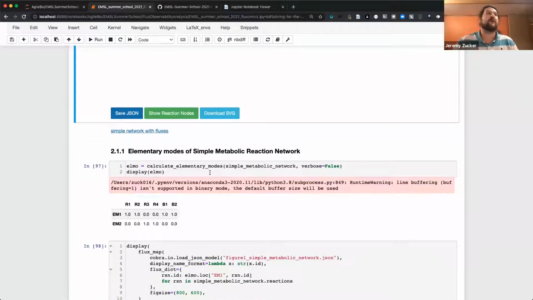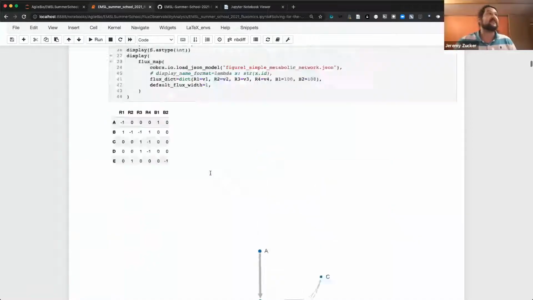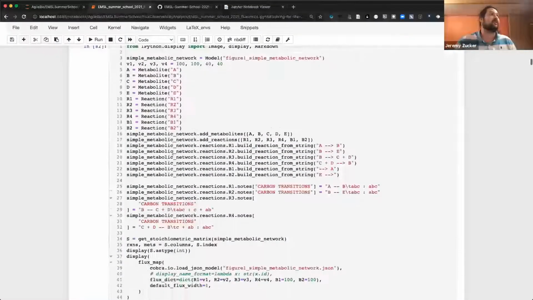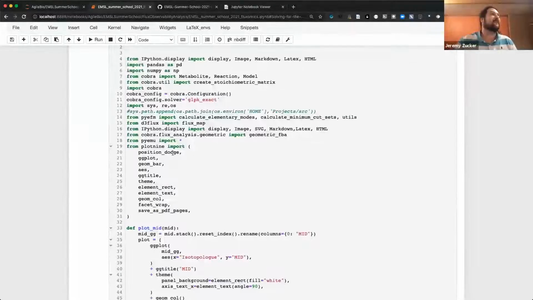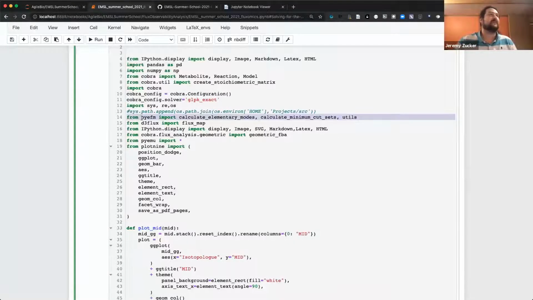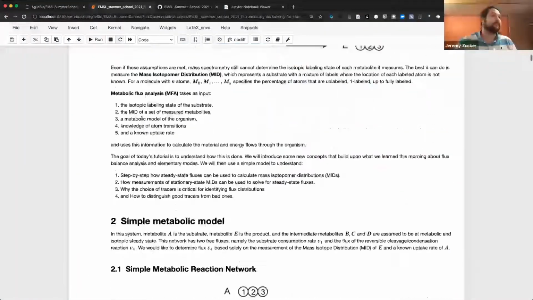Just like beforehand, people asked in the last tutorial, can I calculate these elementary modes? The answer is yes. There's a special package called PyEFM, and I can put a link to that in the chat window later.